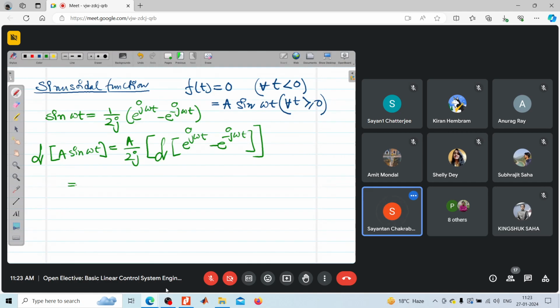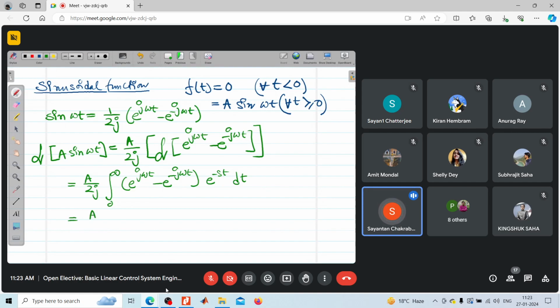So that will be a by 2j times the integral from 0 to infinity of e to the power j omega t times e to the minus st dt, right?